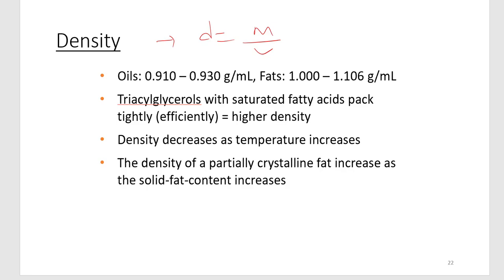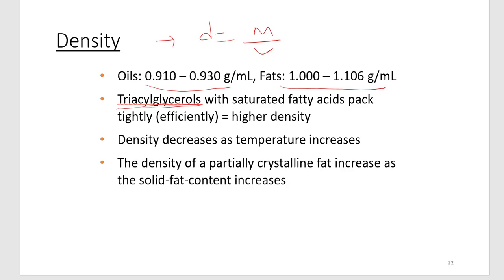Generally, oils have lower densities, as you see here, compared to fats. But both oils and fat densities decrease with increasing temperature. Density depends on the packing of the triacylglycerols within the oil molecules.